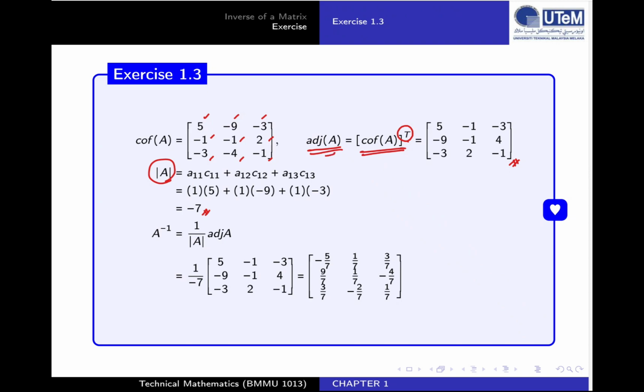So we already have the adjoint of matrix A and the determinant of matrix A. Then we can put in the formula A inverse equal to 1 divided by the determinant of matrix A times the adjoint of matrix A. Therefore, you can get A inverse equal to -5/7, 1/7, 3/7, 9/7, 1/7, -4/7, 3/7, -2/7, and the last element is 1/7.